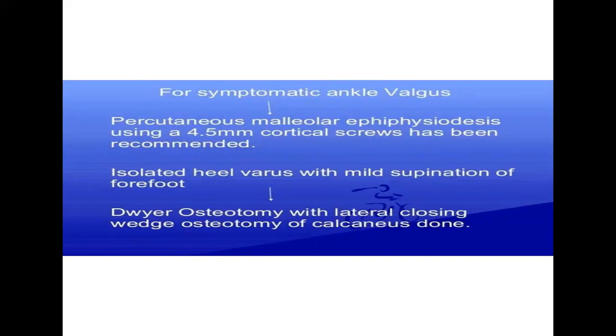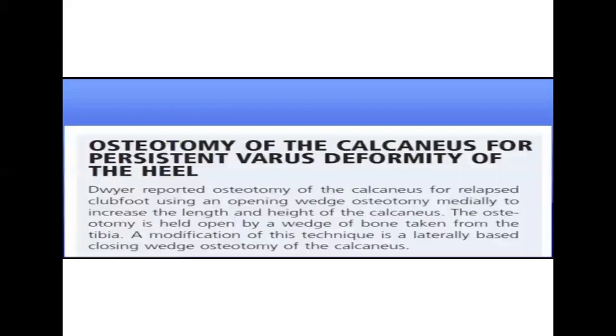For symptomatic ankle valgus, percutaneous malleolar epiphysiodesis using a 4 to 4.5 mm cortical screw has been recommended. For isolated heel varus with mild supination of the forefoot, Dwyer osteotomy with lateral closing wedge osteotomy of the calcaneus is done. Osteotomy of the calcaneus for persistent varus deformity of the heel.